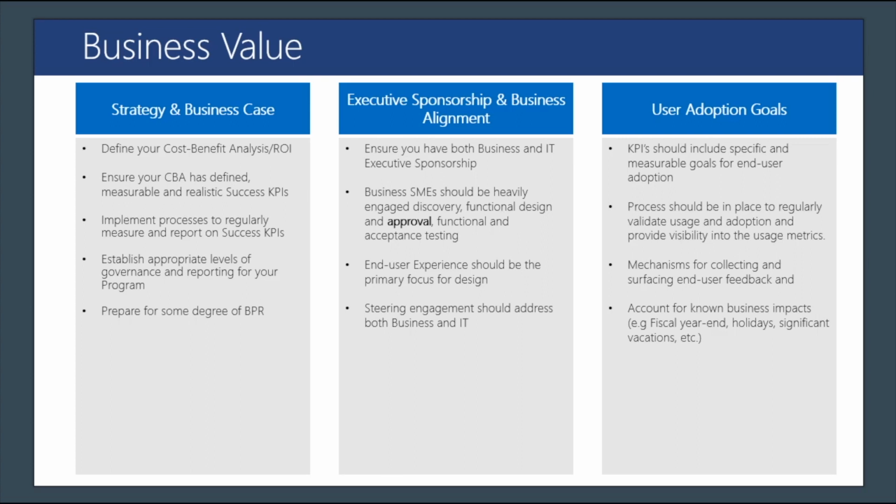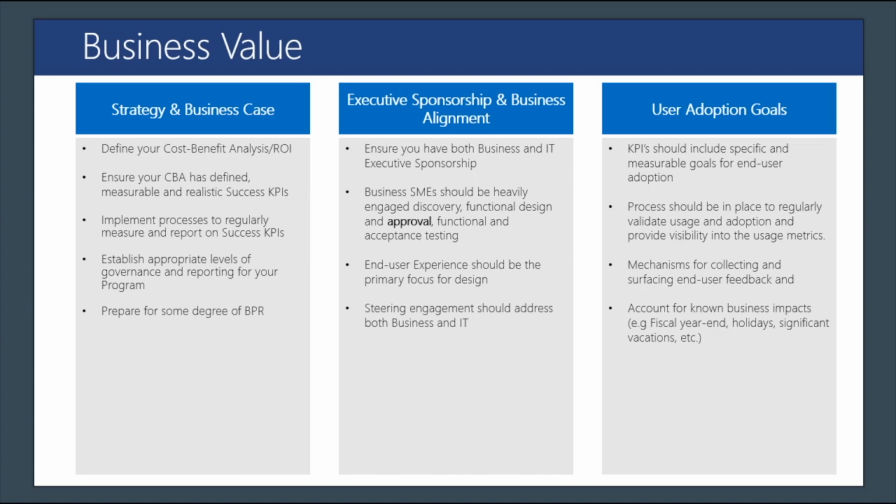For example, am I expecting a 10% efficiency in the amount of time that it takes to close an opportunity? Or am I looking to increase the number of opportunities that my field sales force can handle in a given period of time, be it a month or whatever financial period you use as a delimiter there.